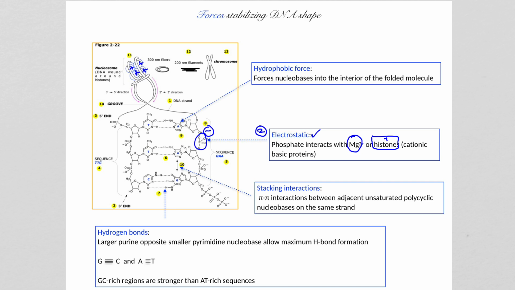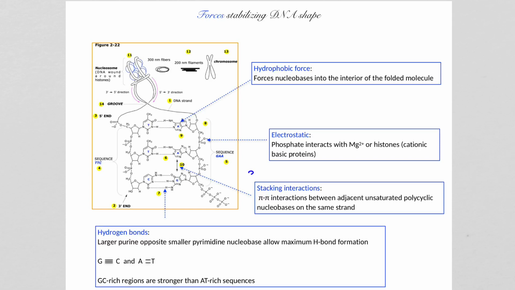We'll talk more about this under proteins, but some basic proteins such as histones play a very important role in our body. Most proteins are acidic proteins, but we'll talk about this under proteins. So this interaction between the phosphates of DNA and the cations such as magnesium or basic proteins such as histones, we call this electrostatic. And that helps stabilize the DNA shape.